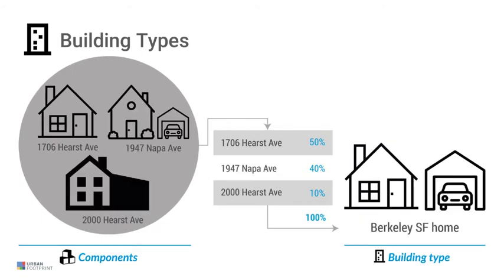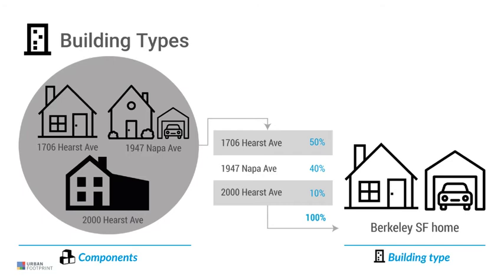However, building types can be made up of multiple components so that you can get a blend of characteristics across the building type. So here you can see that the building type is still a single family home or a single family house, but it consists of a percentage or a distribution and allocation of the different building type components that we have available to us.